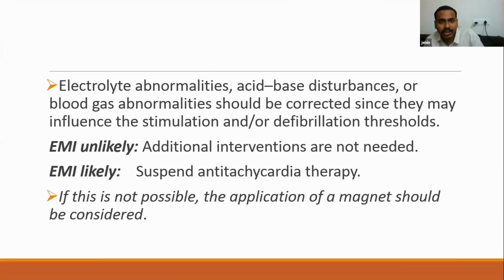Preoperatively, any electrolyte abnormality, acid-base disturbance, or blood gas disturbance should be corrected since it may influence the stimulation or defibrillation thresholds. If the surgery involves electromagnetic interference that is unlikely, no additional interventions are needed. For surgeries where electromagnetic interference is likely, we should suspend any anti-tachycardia therapy. If this is not possible, application of a magnet should be considered.